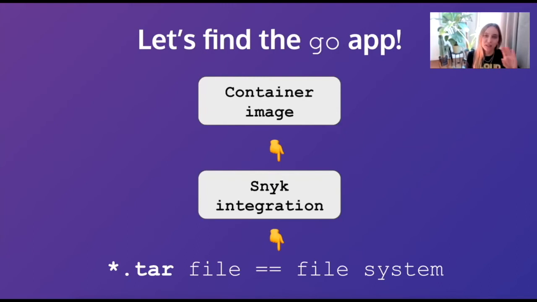It doesn't matter which product you use, we use a core library for all the scans. What we do is essentially save the contents of that image in your file system as a tarball, and we parse it file by file.